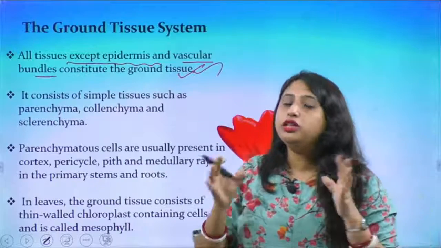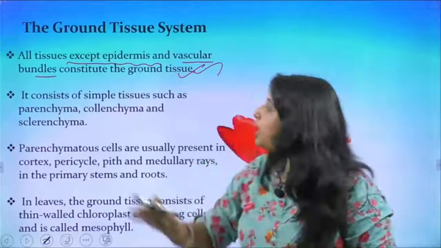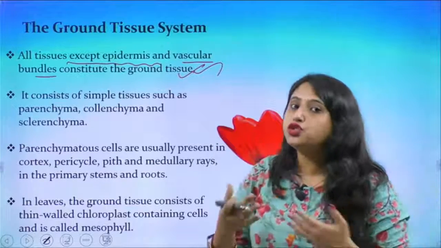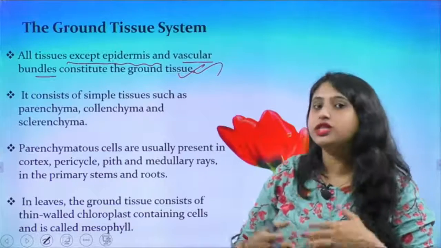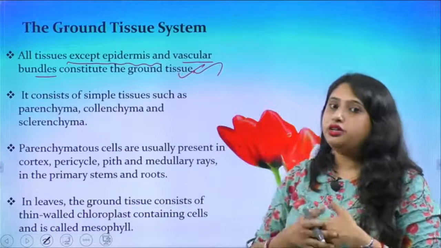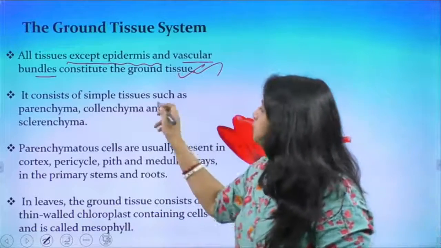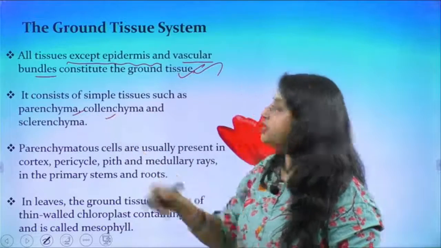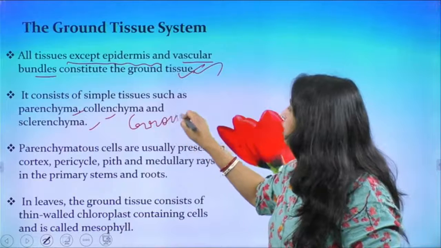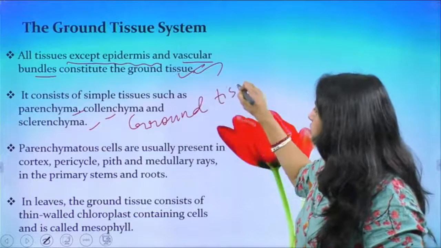So all other tissues, like parenchyma, collenchyma and sclerenchyma, are ground tissues.